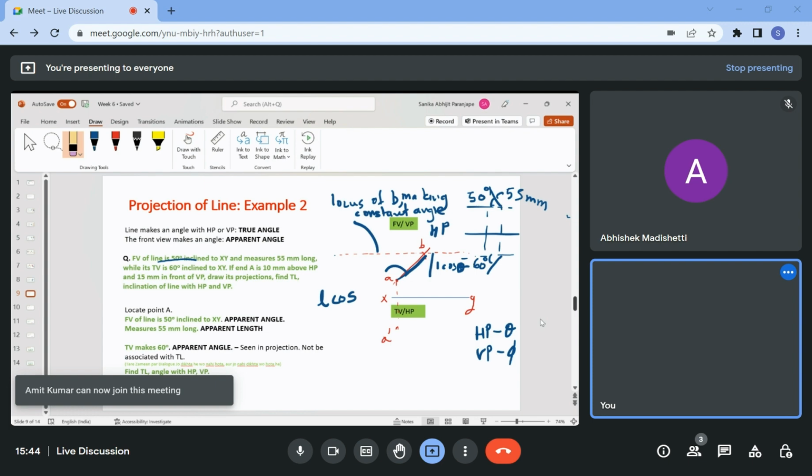So this is my C dash and this is my C. And they have given that D is 15 mm in front of VP. So I just have a locus of D. I cannot pinpoint D yet.